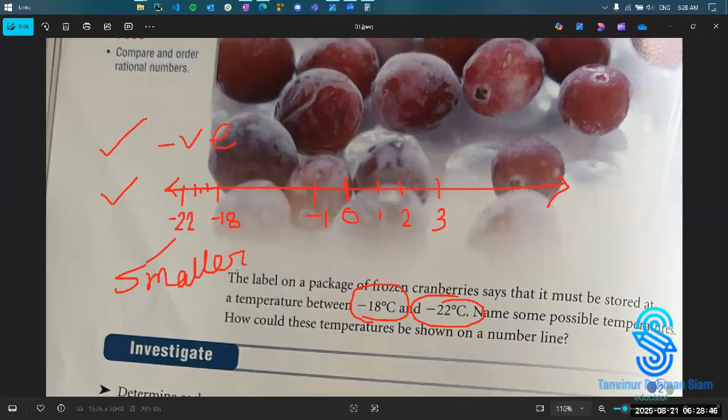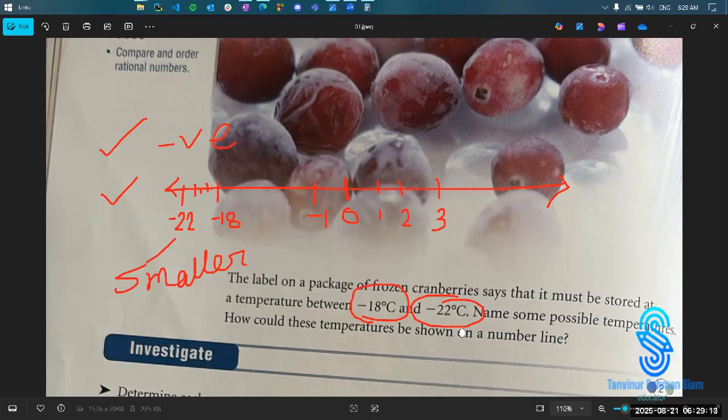So we can say, on the number line, -22 is to the left of -18 because it is the smaller number, right? Here we have two points.